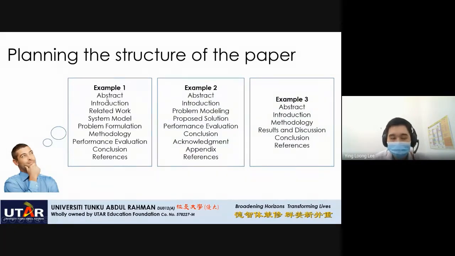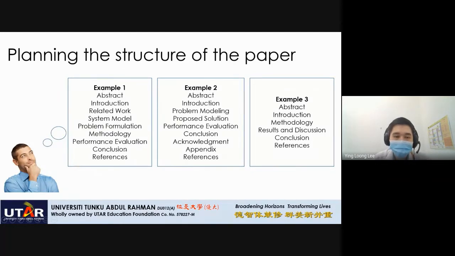Then it's followed by the introduction. Then related work, which is the literature review part, to describe the existing advances, the current advances on the topic. And then system model, problem formulation, methodology, performance evaluation, conclusion, and references.